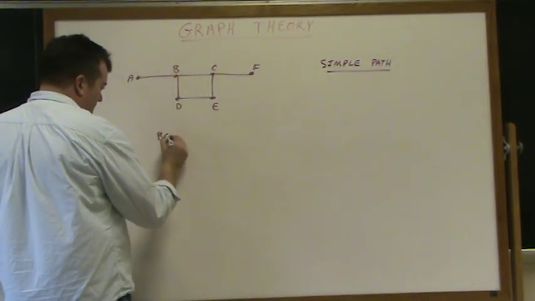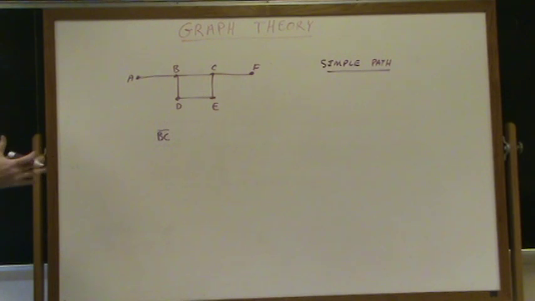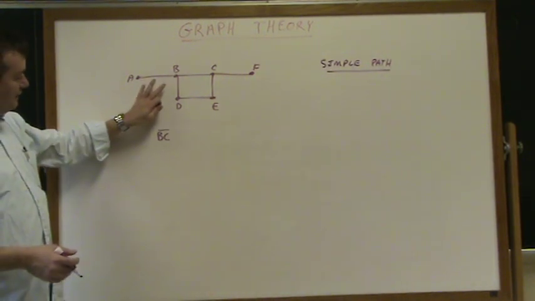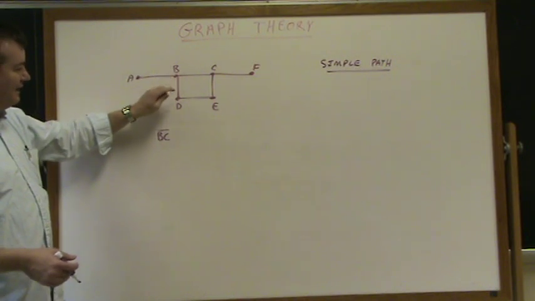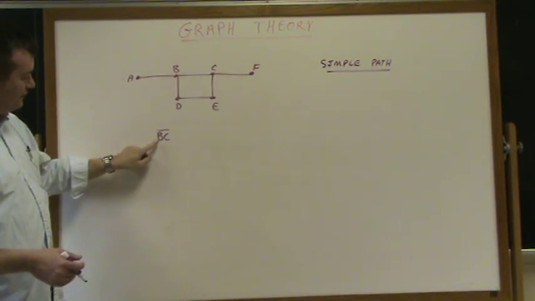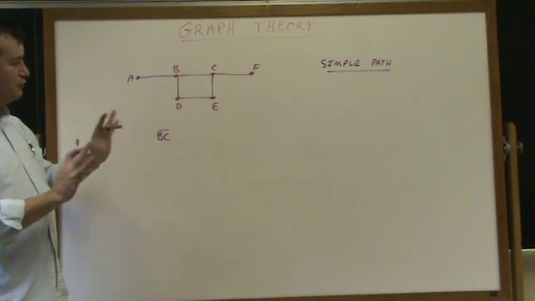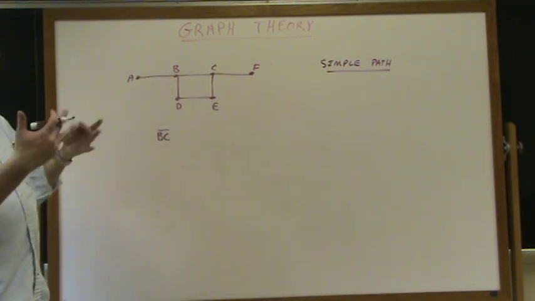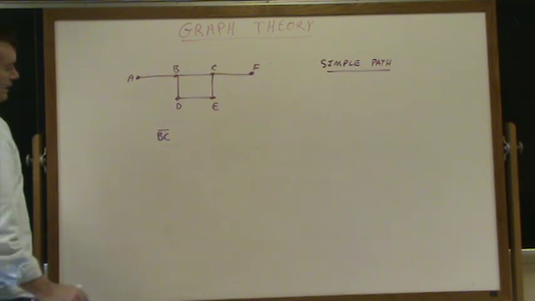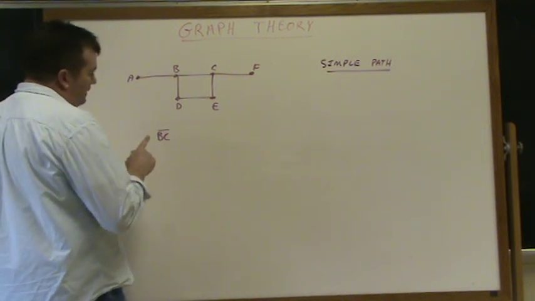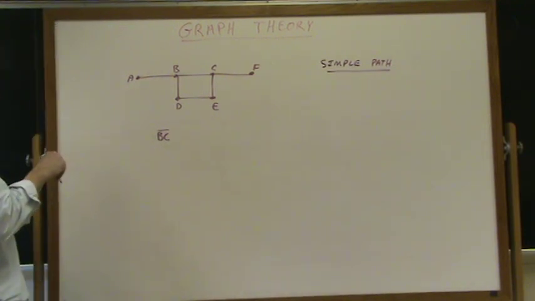So we could say B, C with a bar over it. That means the edge from B to C. Now notice in this there is no idea of first and last. If there's an edge from B to C, there must be an edge from C to B. There's no direction here. It's just either they're connected or they're not. Okay. So a simple path would not use the same edge twice.